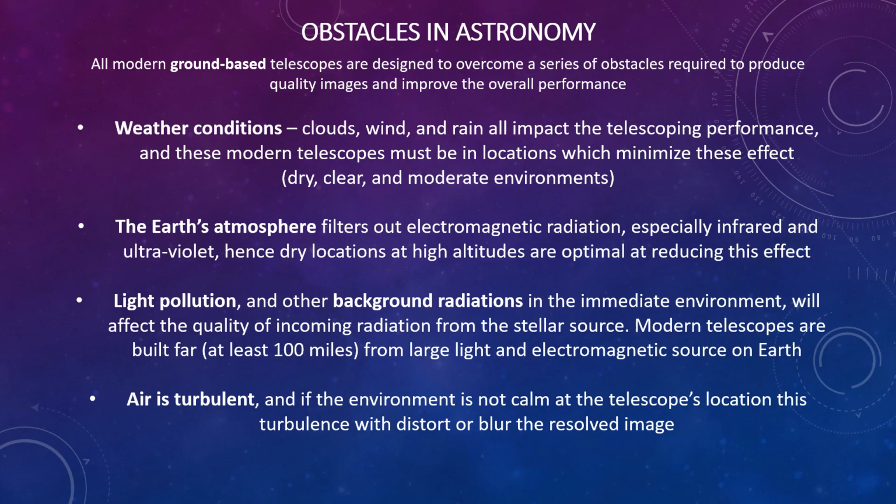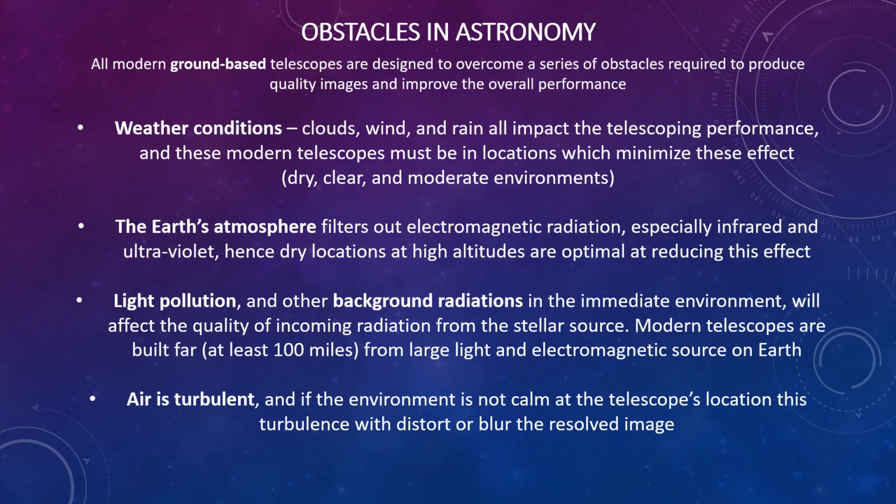But also the air itself is turbulent. And if it's windy, and not just too windy to use the telescope, but even if there's just a little bit of a breeze, this will cause the images to distort, and the turbulence itself will cause blurs in the image.